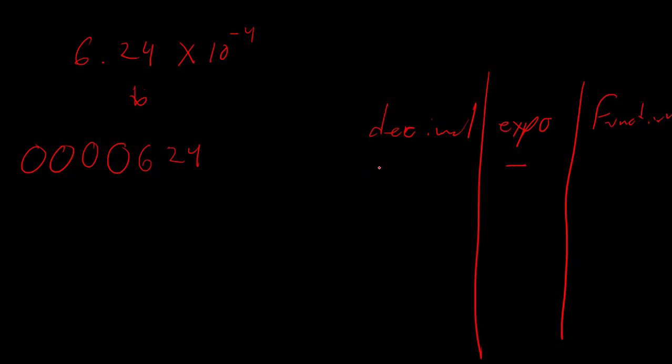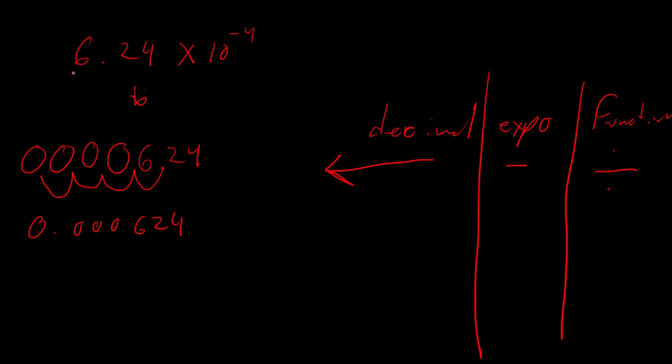So the exponent's negative. So the decimal will move to the left 4 positions. 1, 2, 3, 4. So we have 0.000624. And the function is division.